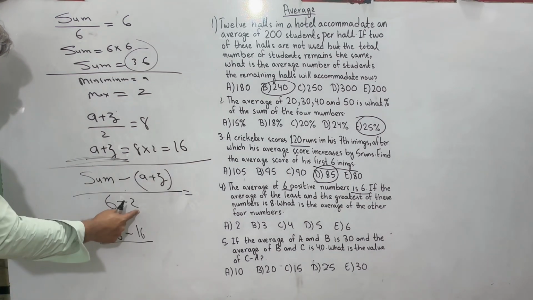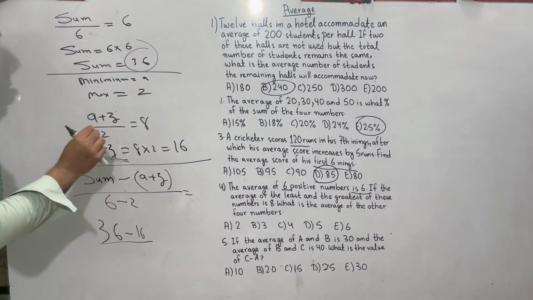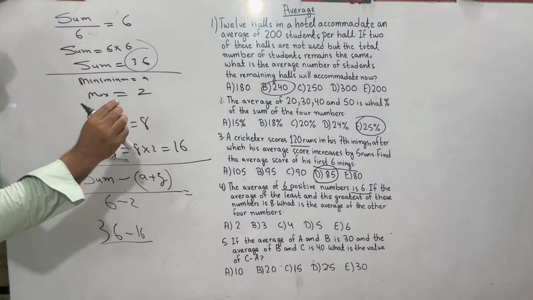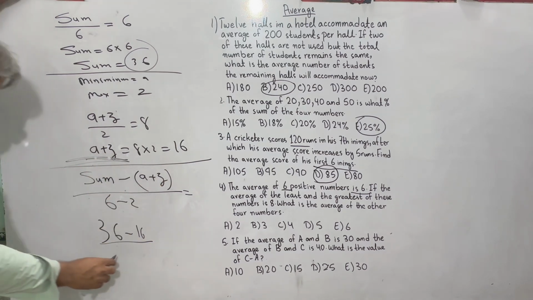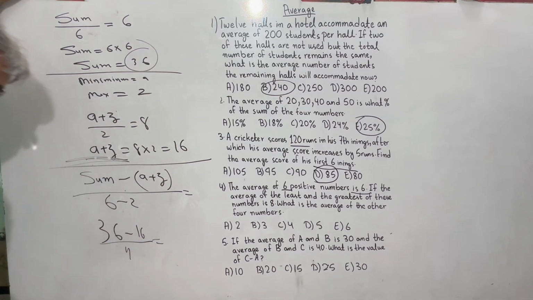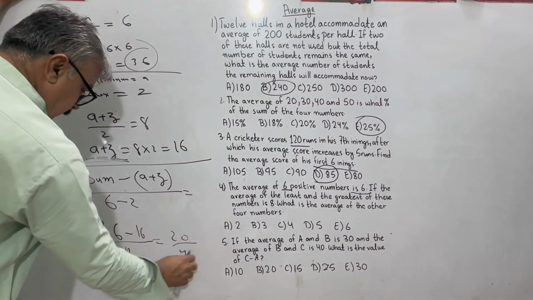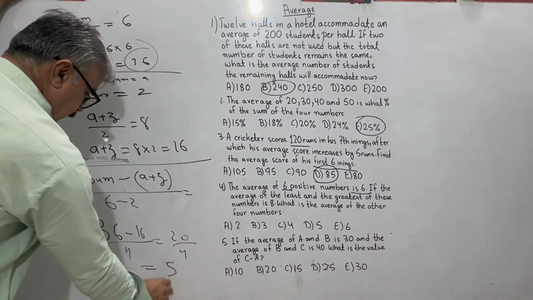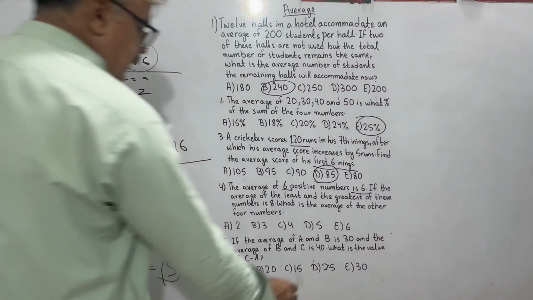We have subtracted 6 minus 2, 4. We are interested in the remaining 4, excluding both. 36 minus 16 becomes 20. 20 divided by 4 is 5. So the average of the remaining 4 numbers is 5.